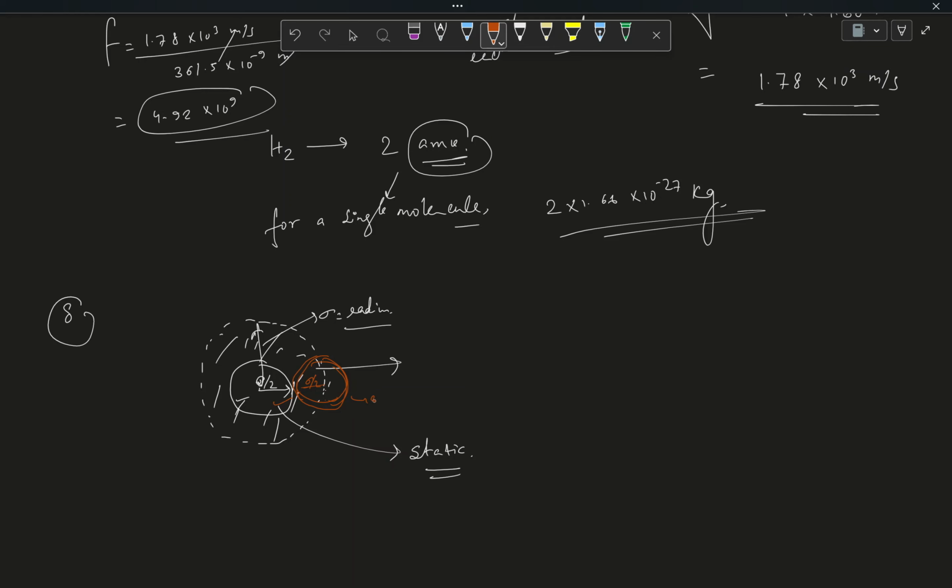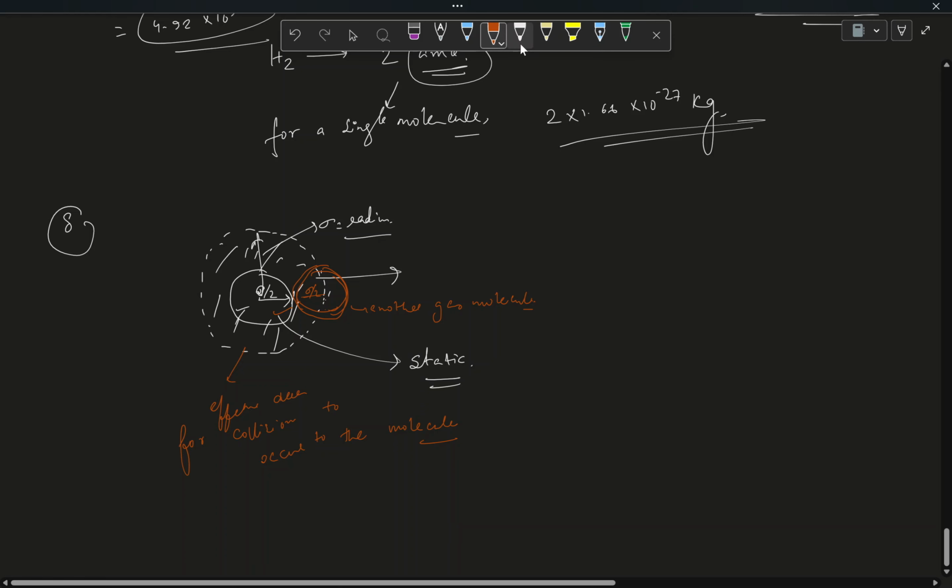So this is another gas molecule which is moving and comes into the collision cross section area of the first molecule. So basically this effective area is the effective area for collisions to occur to the molecule.